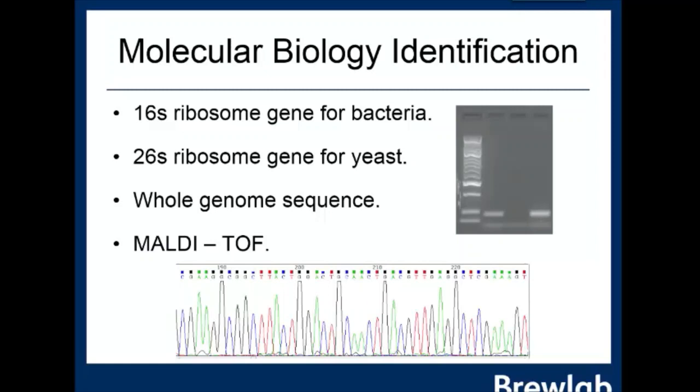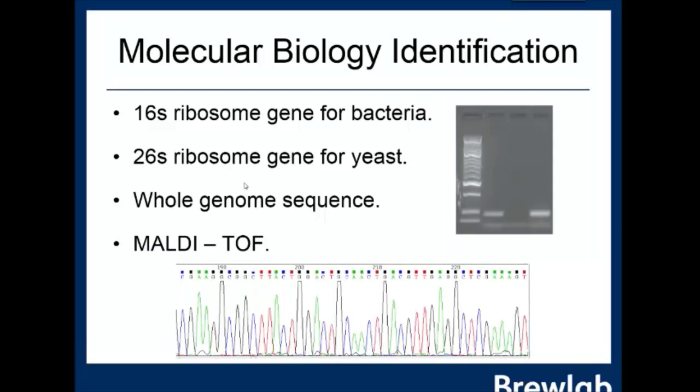And we can compare the sequence that we've isolated and purified against a database sequence and use that to identify and say, well, we've got a lactic acid bacteria here, we've got a Pediococcus, and we've got a particular yeast, it might be Brettanomyces, or we might want to check the identity of our own brewing yeasts. So there's a whole variety of value that we can get out of using molecular biology techniques.